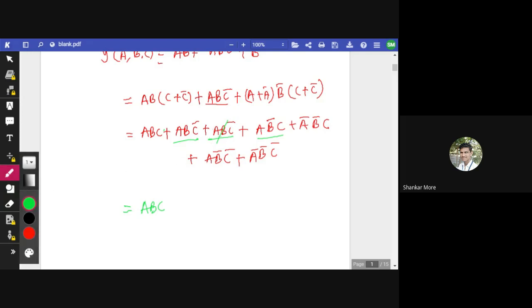Only this term will cancel out. So ABC, then ABC bar plus AB bar C plus A bar B bar C plus AB bar C bar plus A bar B bar C bar.